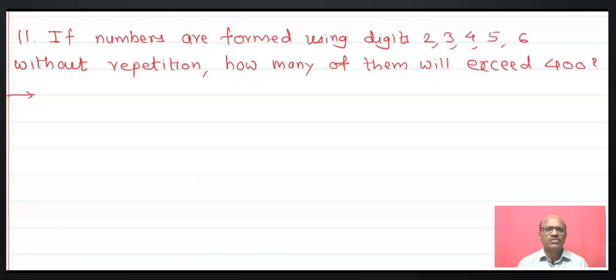If the numbers are formed using the digits 2, 3, 4, 5, 6 without repetition, how many of them exceed 400?